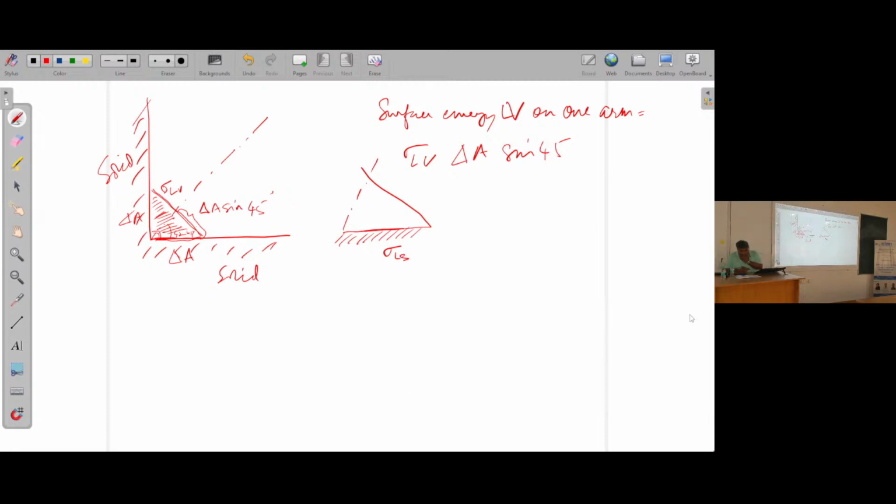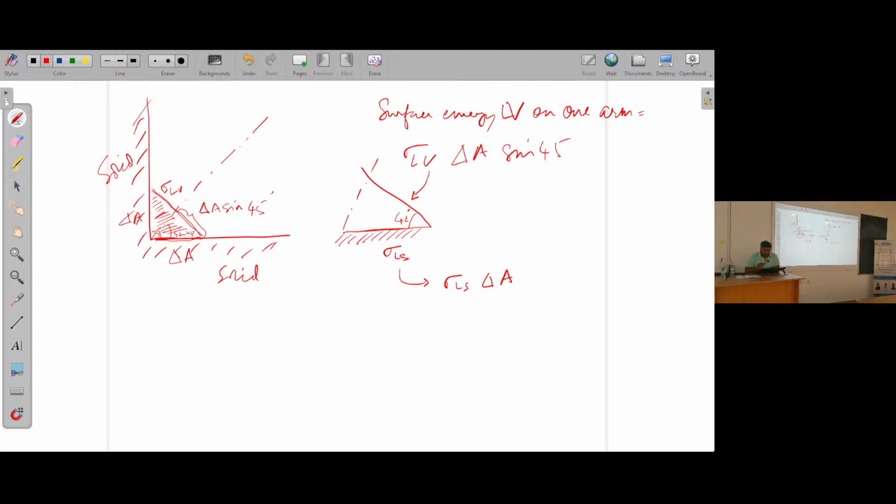Basically the surface energy here would be sigma LS times delta A, because the area is delta A, and this is 45 degrees. The surface energy here is sigma LV delta A sine 45.